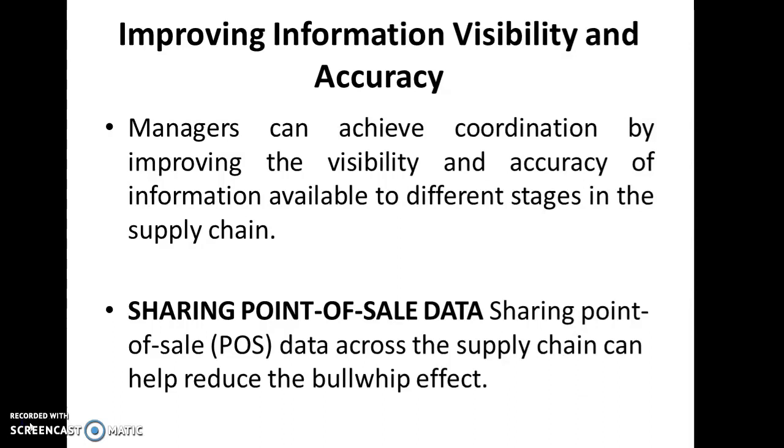That is, coordination in a supply chain system can be achieved by providing visibility of information, and also accurate information is available to all stages in the supply chain system.